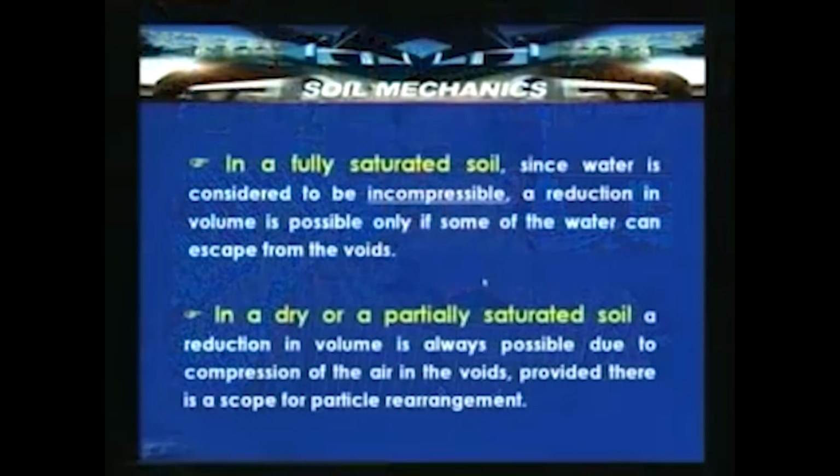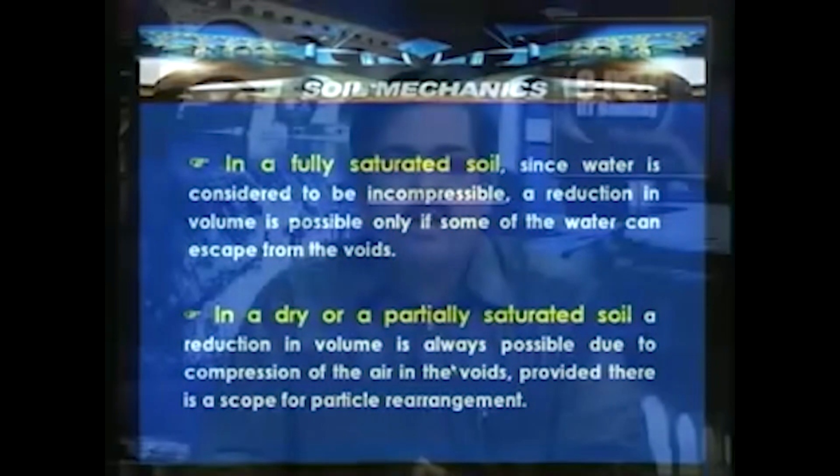In the case of a partially saturated or unsaturated soil, which is possible above the groundwater table, in the zone called the vadose zone, a reduction in volume is always possible due to the compression of the air in the voids, provided there is a scope for particle rearrangement. So, we have seen here the definition of the groundwater table and the state of saturation below and above the groundwater table.